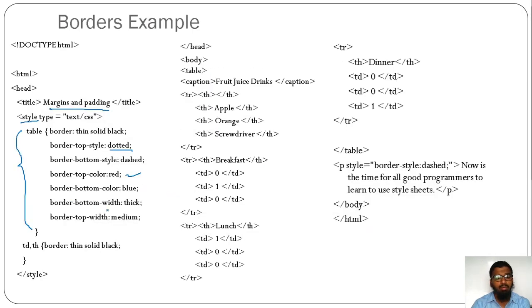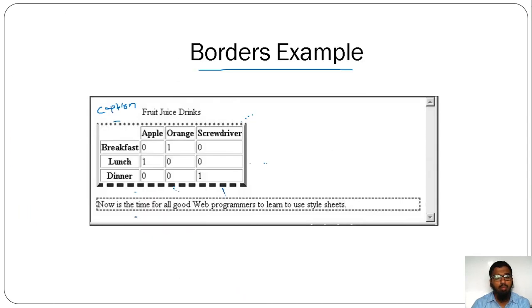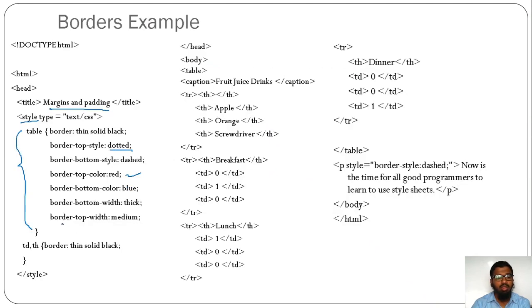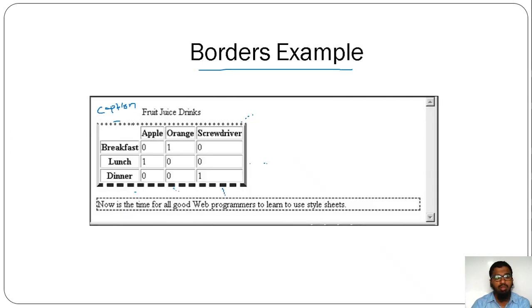Border bottom width is thick. At the bottom, you can see this is very thin and here it is thick. Border top width is medium, so this is a change. And this is the default size of the table.